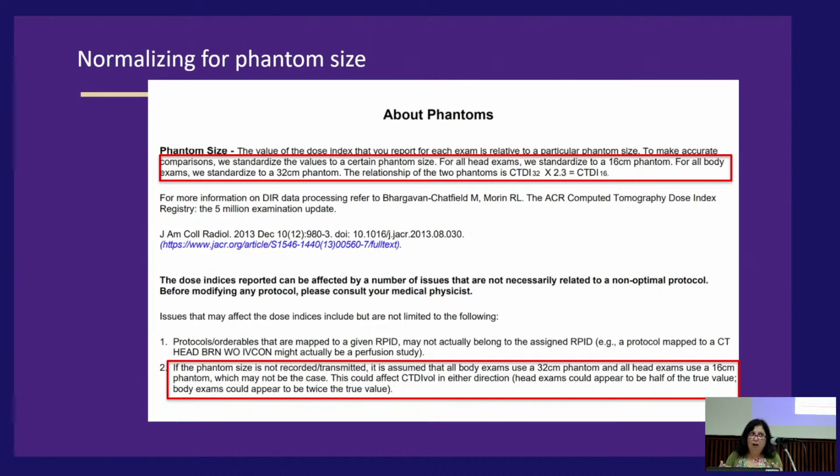Otherwise, ACR is going to make some assumptions and that's going to skew your data. Incredibly important because of what we talked about yesterday on how phantom size impacts the radiation dose. So the report very clearly tells you what the conditions are, and then you can make a judgment based on your scanners whether it's processing it correctly or not.